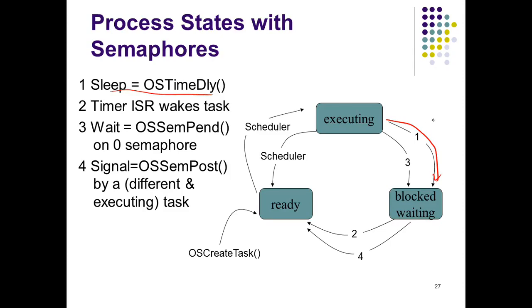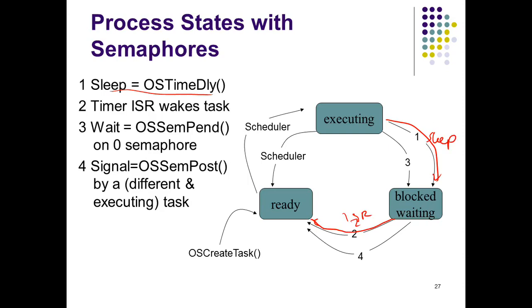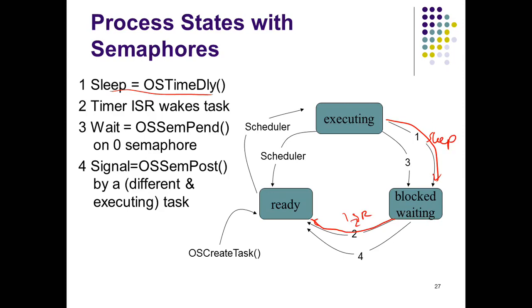This is as before. Then we could have a timer interrupt, so this is an ISR, to take you to the ready queue, and then to go from the ready queue to executing, you have the operating system picking the highest priority task and scheduling it.